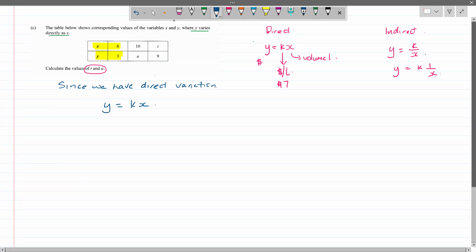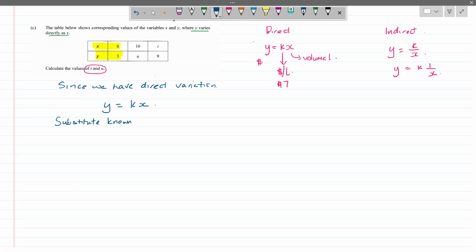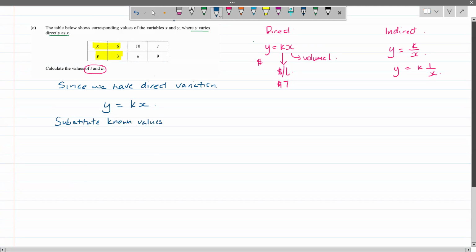You'll then substitute known values. So the question must provide known values of x and y, and we're doing this in order to find k, which is our constant, right?